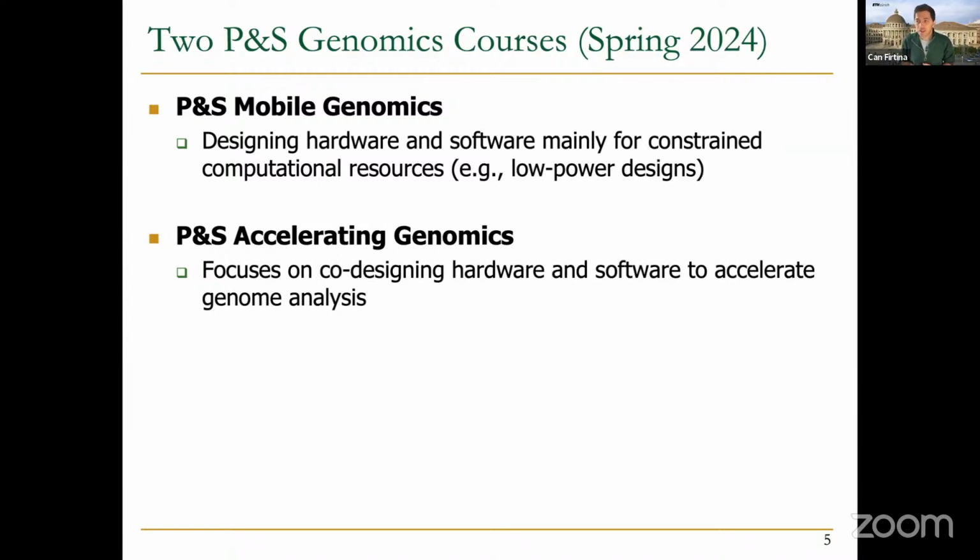But in fact, we have a combined syllabus for both of these courses. As you may notice on the course website, we will be delivering lectures that cover both of these courses, so that regardless of whether you are taking the mobile genomics course or the accelerating genomics course, you will be watching the same lectures eventually.